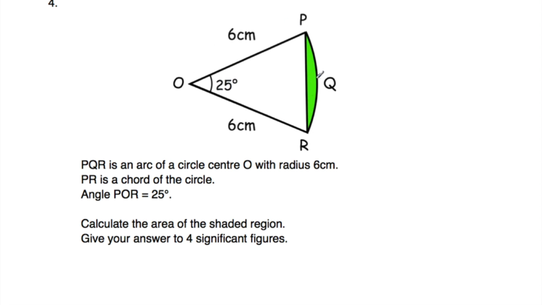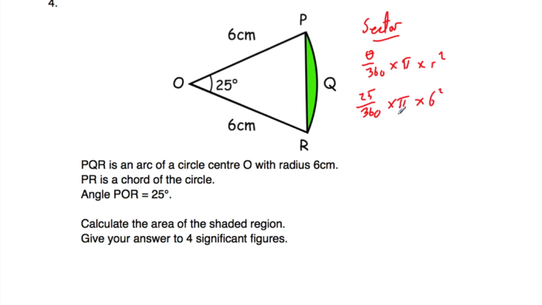So let's get the area of the sector, then we'll find the area of the triangle and take them away, and what's left will be the area of the segment. So let's do that. Let's start off with the sector. For the sector, the formula is theta over 360 multiplied by pi multiplied by the radius squared. So let's substitute in our values for theta, which is 25. So 25 over 360 multiplied by pi multiplied by the radius squared, which is 6 squared.